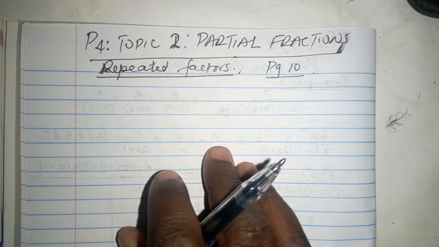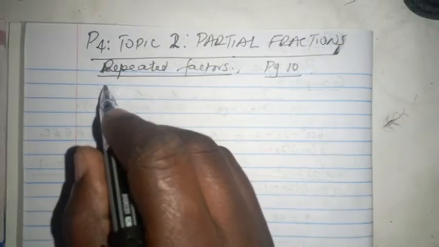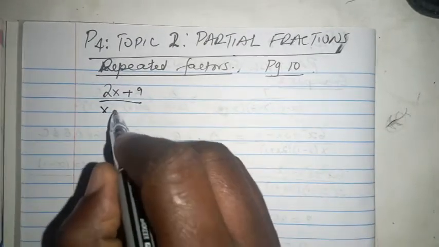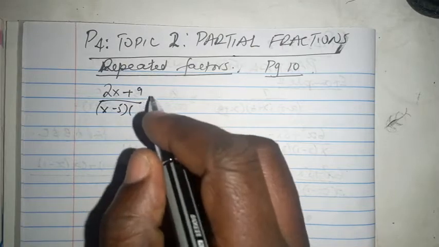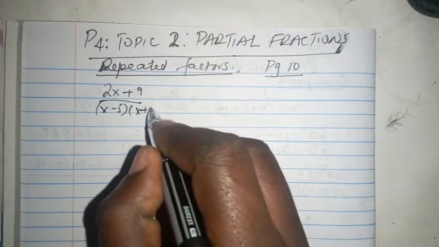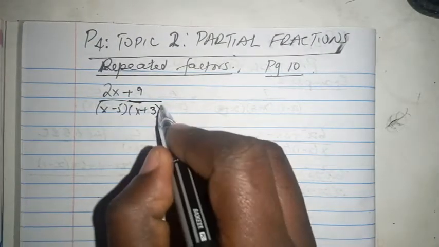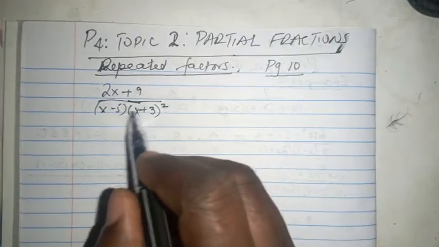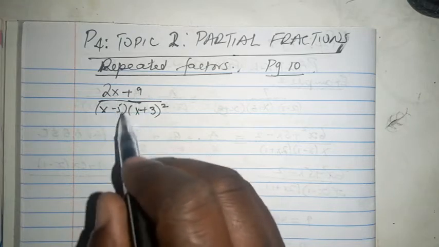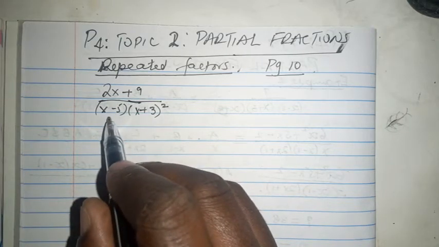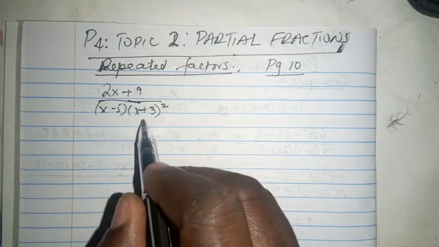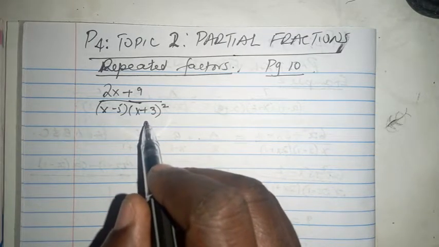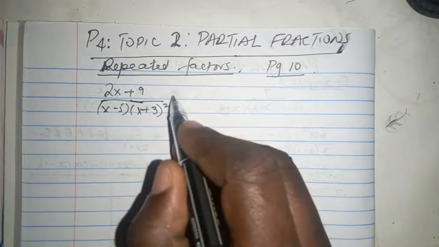For example, if you're talking about 2x plus 9 all over x minus 5 and then x plus 3, this is the linear factor which is squared, it's repeated. This is a linear factor which is just independent. This is another linear factor which is the repeated one, and this is now the subtopic.